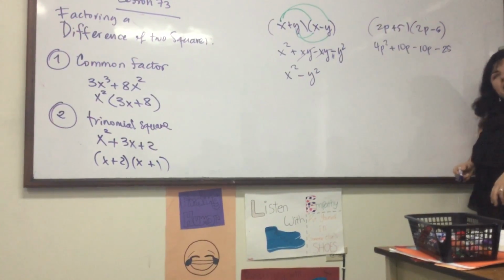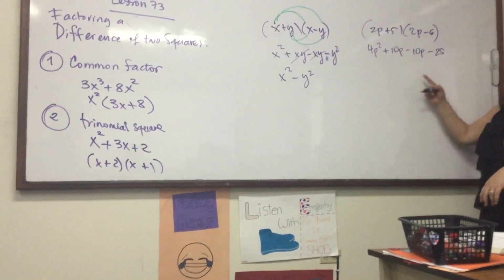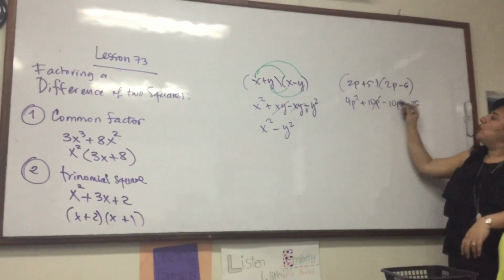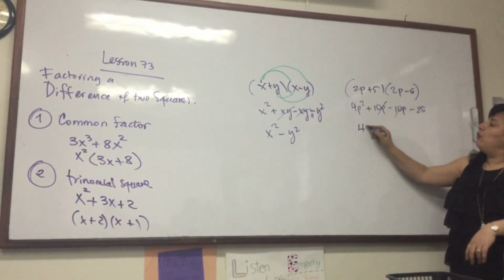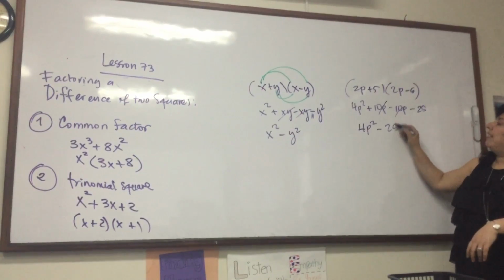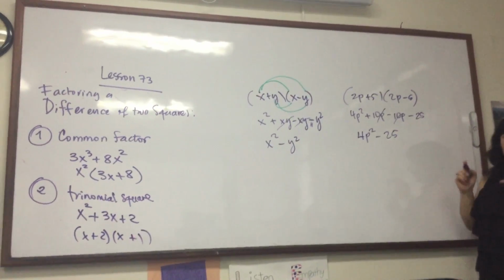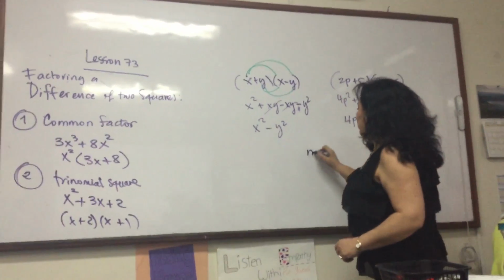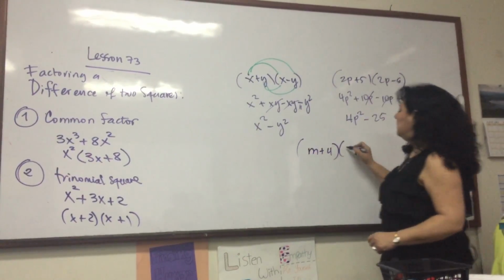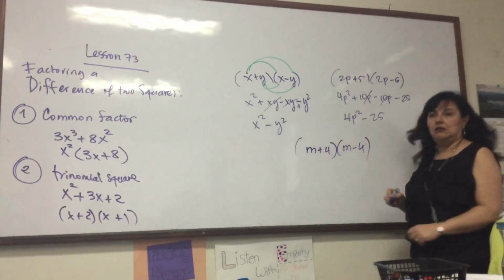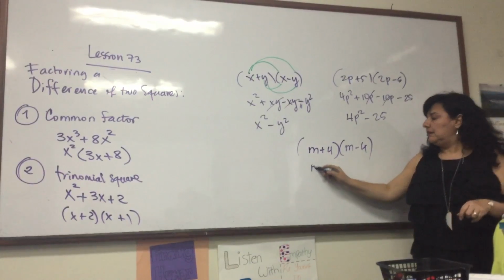This goes away, so I've got 4p squared minus 25. What do you see happen? I'm going to give you a third one: n plus 4 and n minus 4. What are you going to get? n squared minus 16.